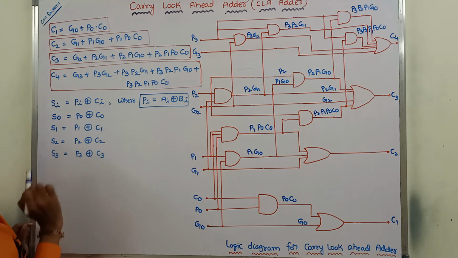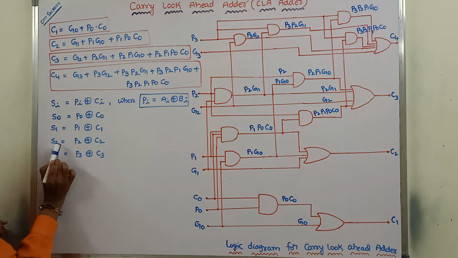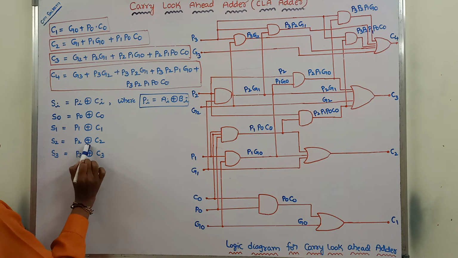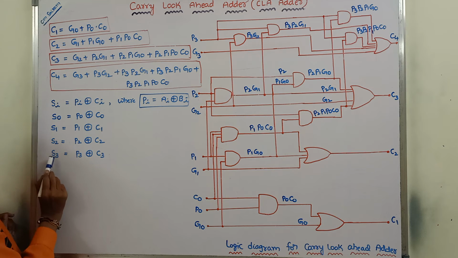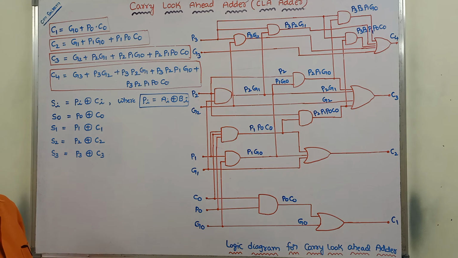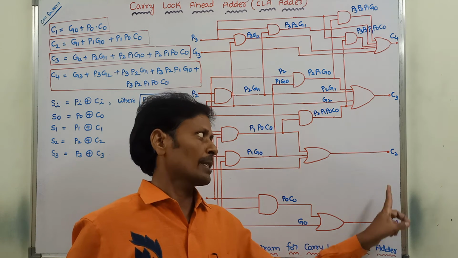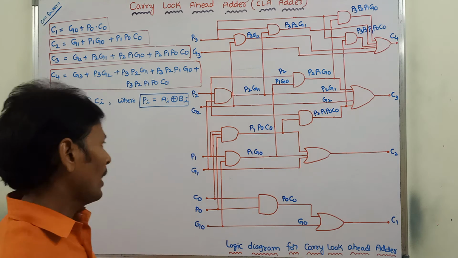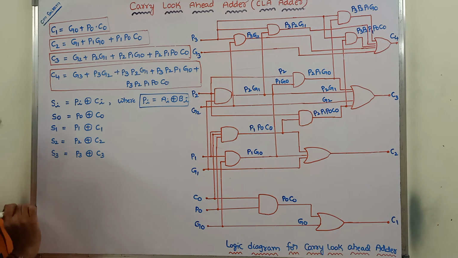Put i value equal to 2, then it becomes S2 is equal to P2 exclusive OR C2. Put i value equal to 3, then it becomes S3 is equal to P3 exclusive OR C3. Once we are getting the carry outputs C1, C2, C3, C4, add the sum outputs S0, S1, S2, S3.